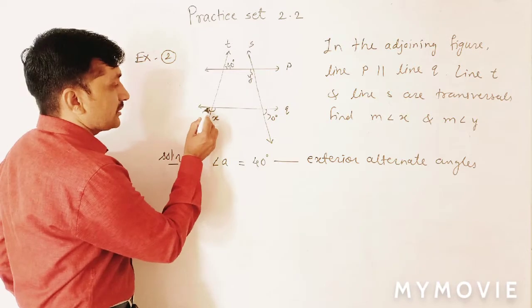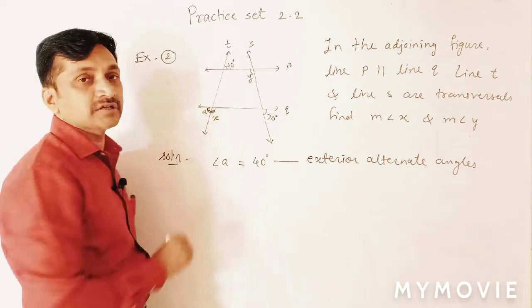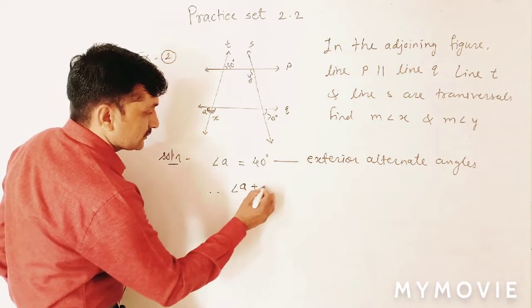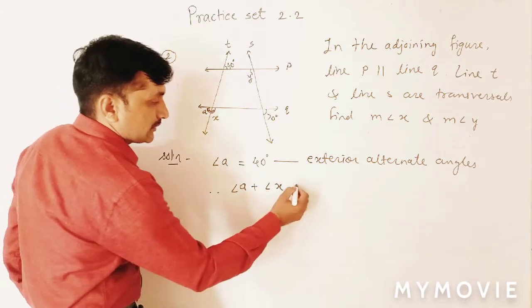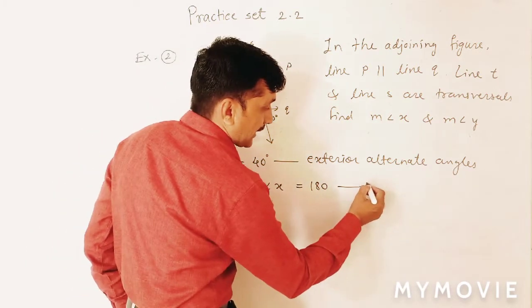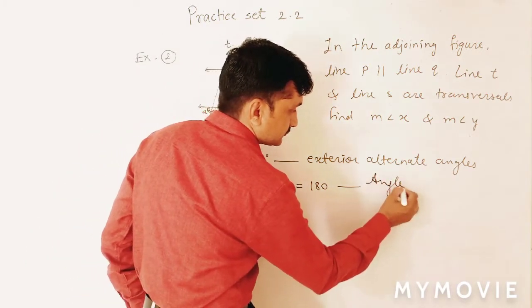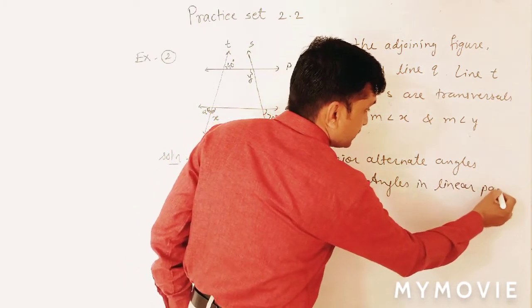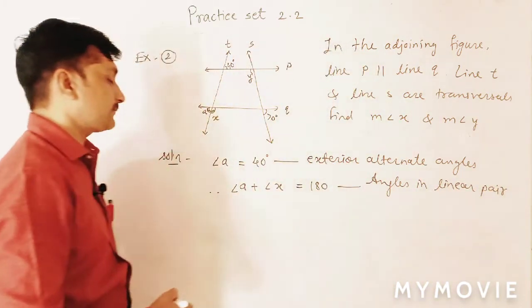Now what is the relation between A and x? A and x are angles in linear pair. Therefore we can write angle A plus angle x is equal to 180, because angles in linear pair are supplementary.